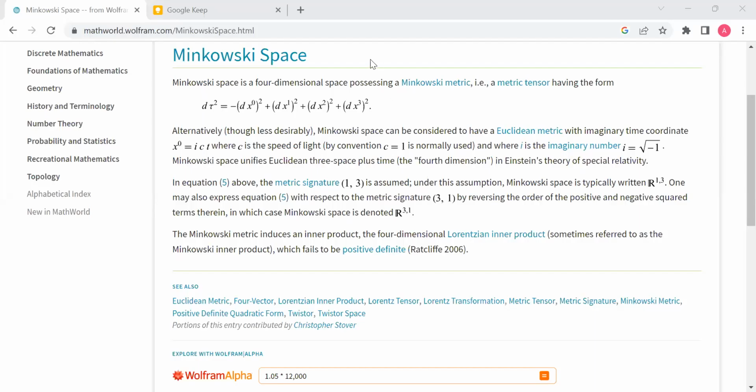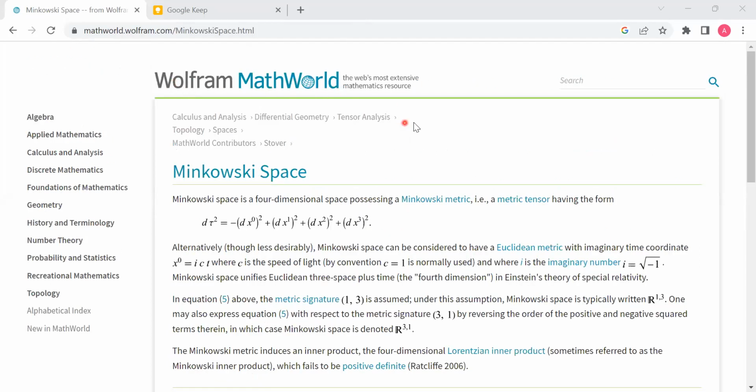I'll stop sharing and I'll share my page. So let me share. Can you see the website? This is the Wolfram MathWorld website.